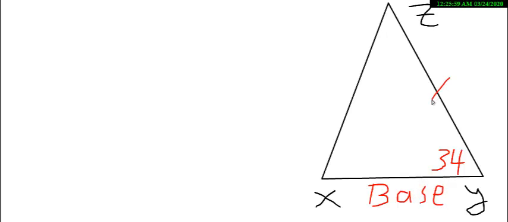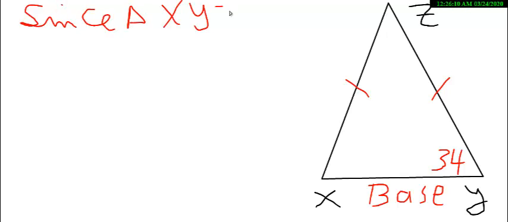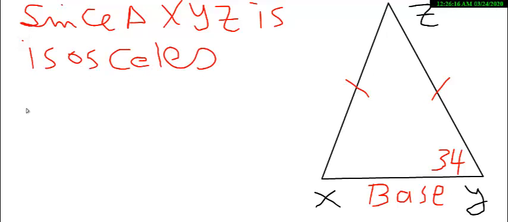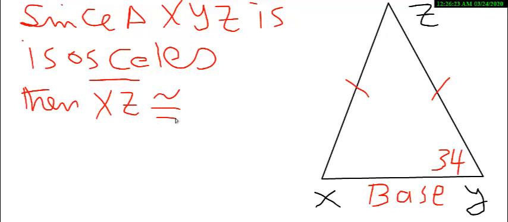Once they said this is the base, the legs are congruent. So I can get a conclusion here. Since triangle XYZ is isosceles, then the conclusion will be that segment XZ is congruent to segment YZ. Why? Because the base already exists, which is XY.